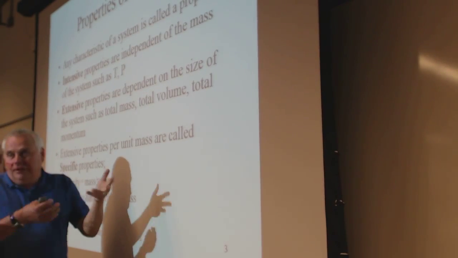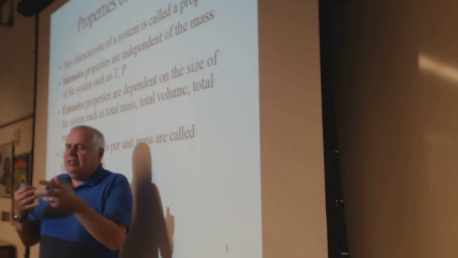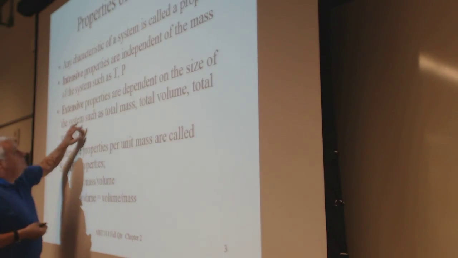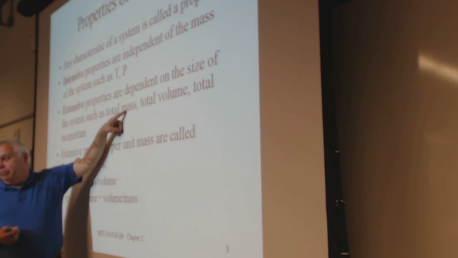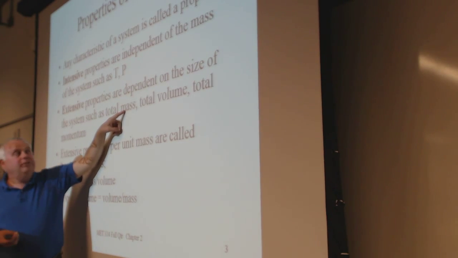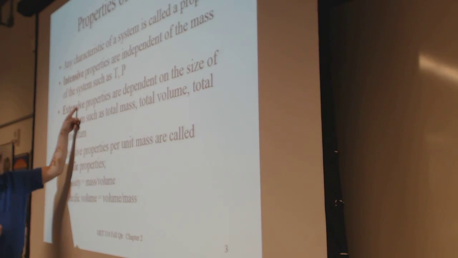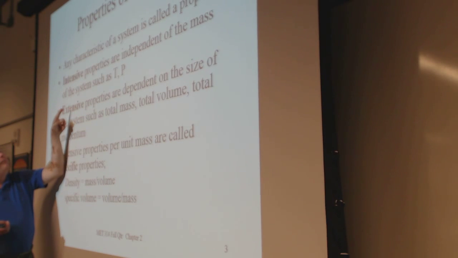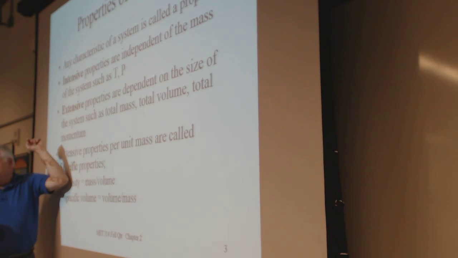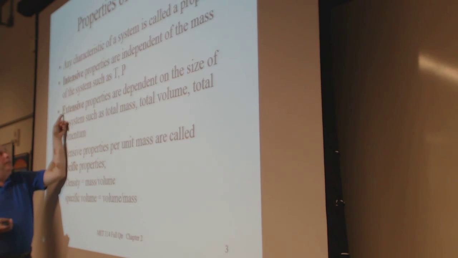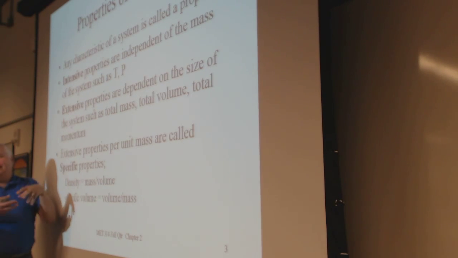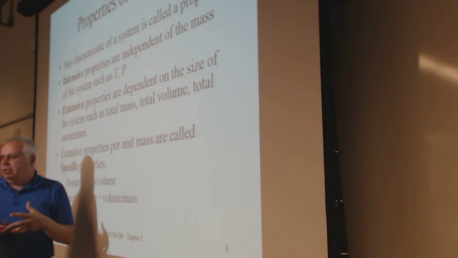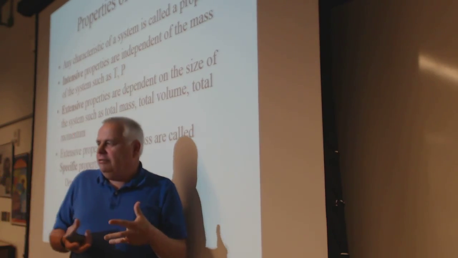The momentum of the system, how much mass. Basically, what it comes down to is if you change the mass and the property changes, or the values change, it's extensive. These properties are based on the extent of the mass, I guess you'd say. How much mass do you have?